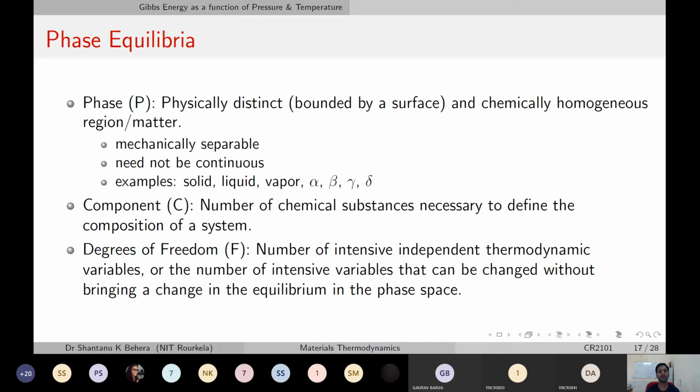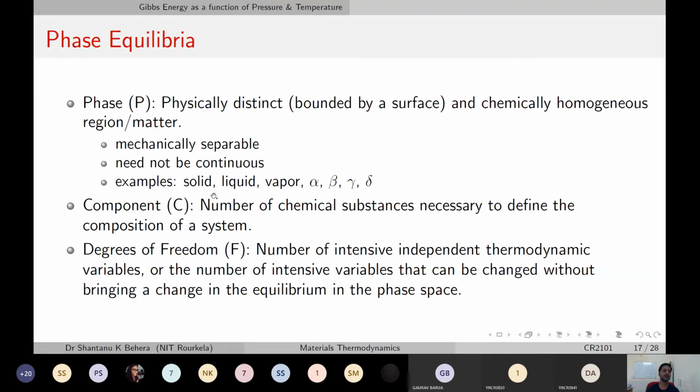Let's say you scrub ice, and then you have a heap of ice dust, or broken ice, or powdered ice, and then you put that in water. All these small particles of ice are also not continuous, but they would still be called a single phase, the ice phase. Along with that, we of course have water.